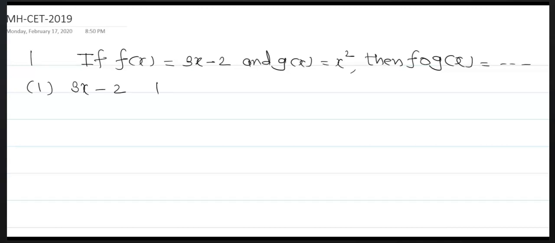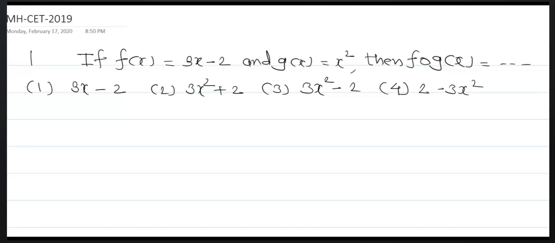The first option is 3x minus 2, second is 3x square plus 2, third is 3x square minus 2, and fourth is 2 minus 3x square.